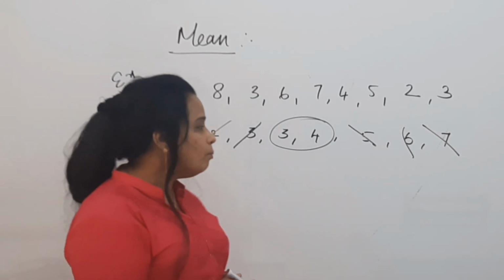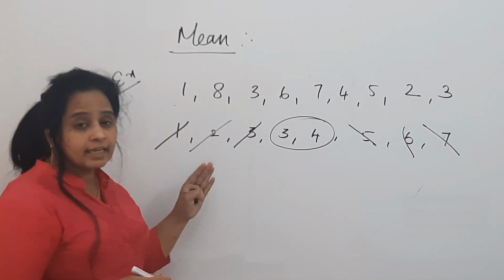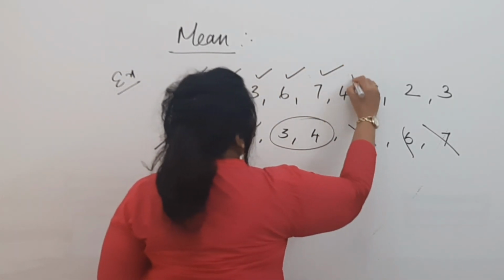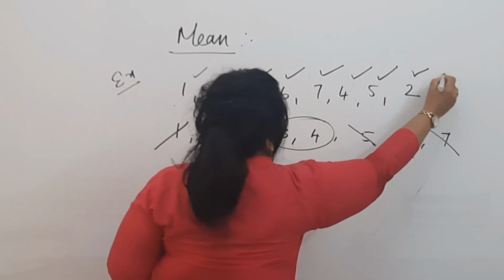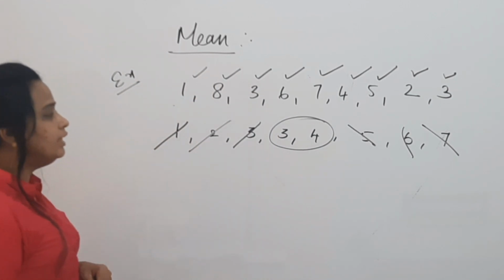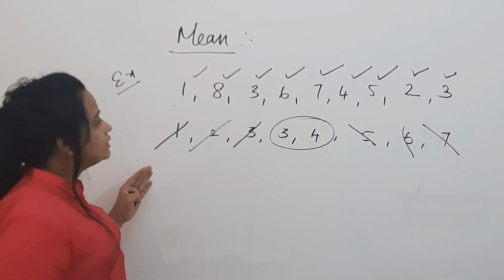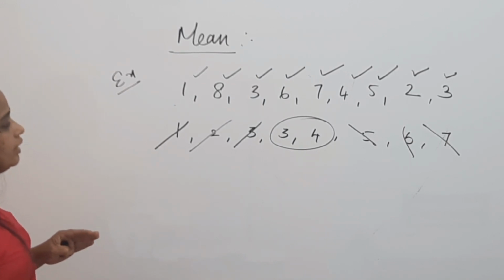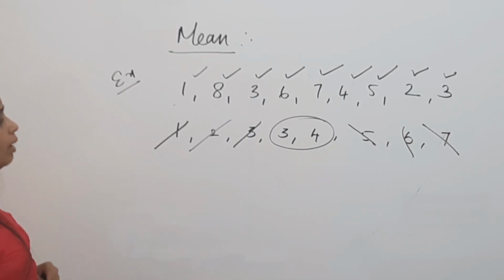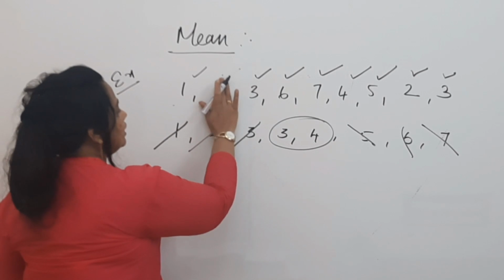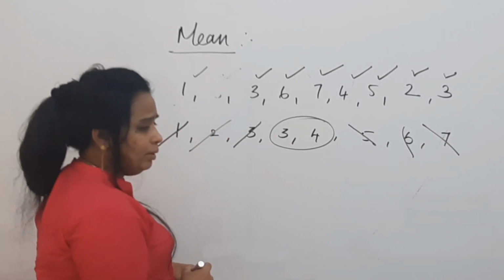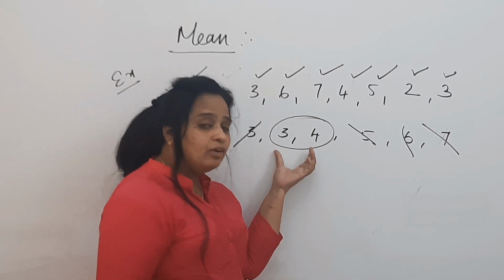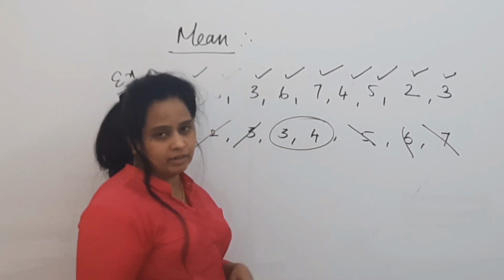But when the number of observations is even, 1, 2, 3, 4, 5, 6, 7, 8, the number of observations is 8. So I will have two median numbers. My median is found by finding the mean of these middle numbers.